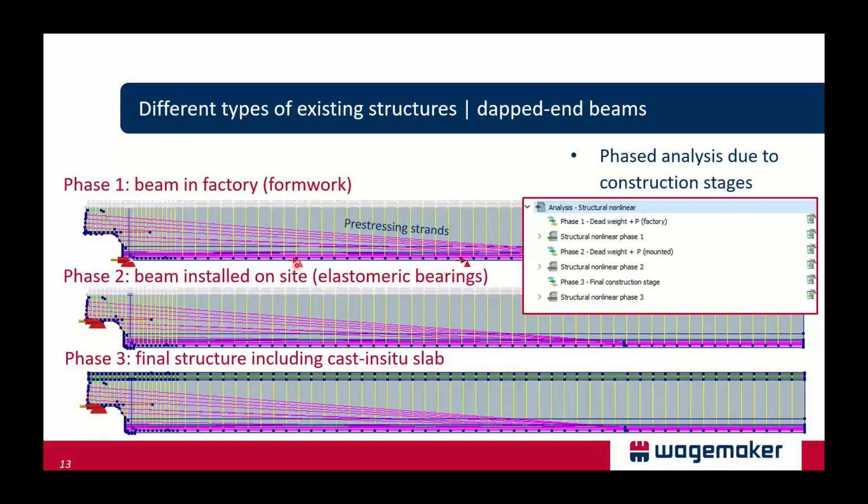And in the second phase, the beam was installed on site and mounted on elastomeric bearings. So this is what we are seeing on the left-hand side here. And the final stage, no change in supporting conditions, but the green part is activated, including some stirrups.